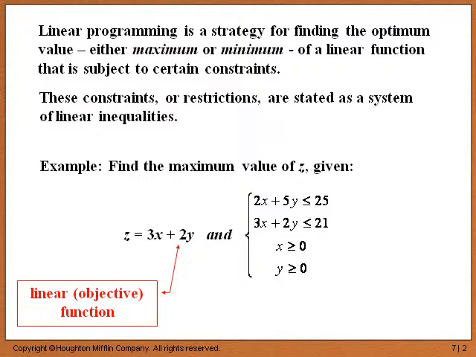It's always a linear function, and you can see that we could easily put this in y equals mx plus b form. It's a linear function as opposed to a quadratic or cubic function. The objective function is always a linear function. And our inequalities are our constraints.